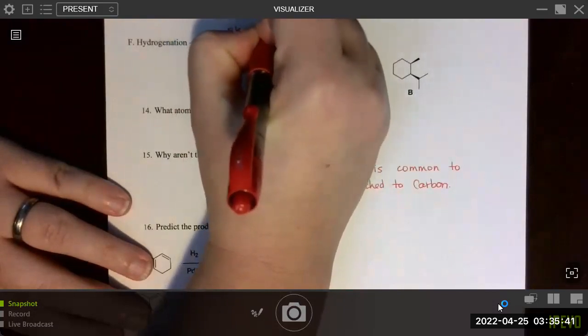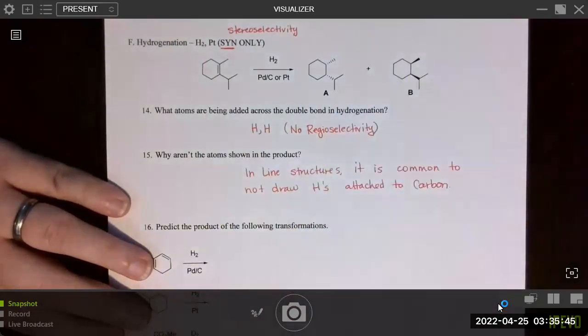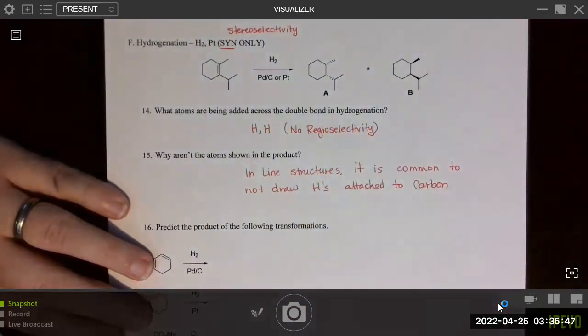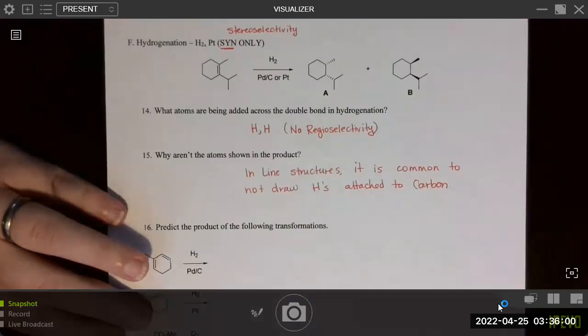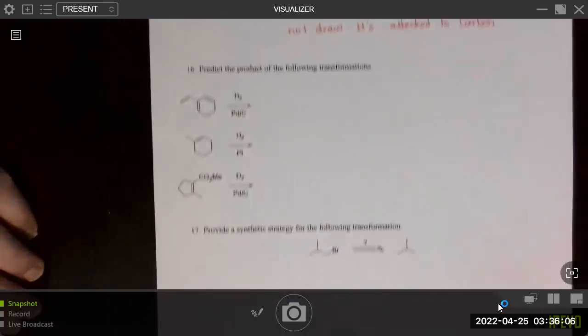That's only going to be important if you are generating two chiral centers. Then you need to concern yourself with this. Not generating any chiral centers, then you don't worry about it. If you're generating one, it's always a racemic mixture. But this one does undergo syn selectivity, which is important if you're drawing two stereocenters.